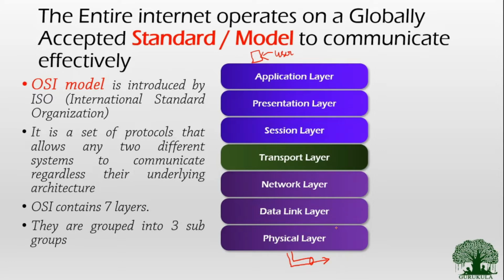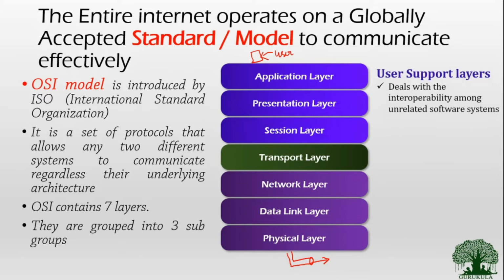Now, coming to the subgroups, the first 3 layers are what we call the user support layers, which deal with the interoperability among the software systems. The transport layer is responsible for reliable data transmission from one network to the other.